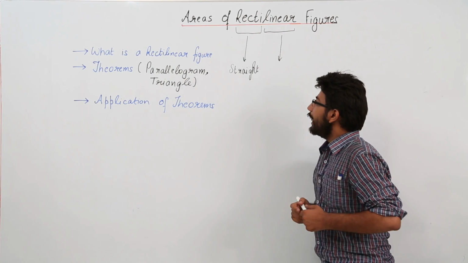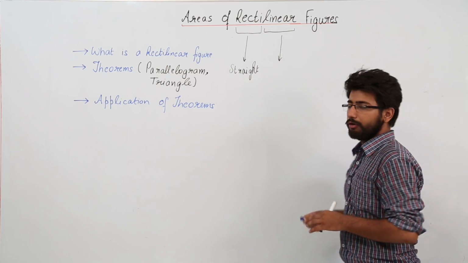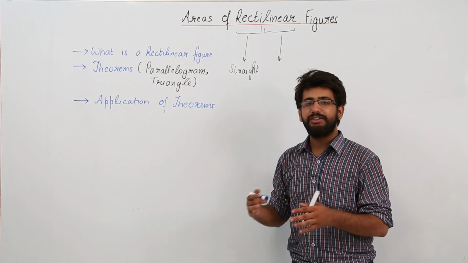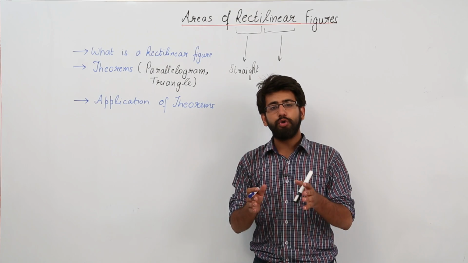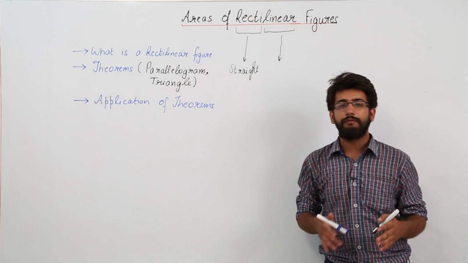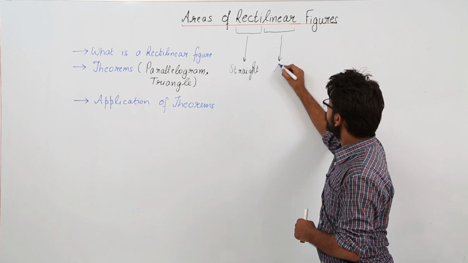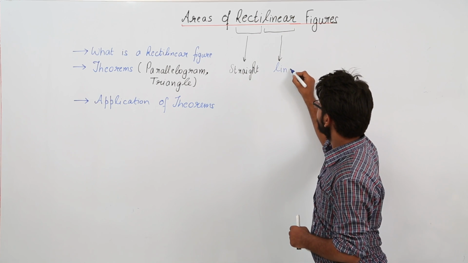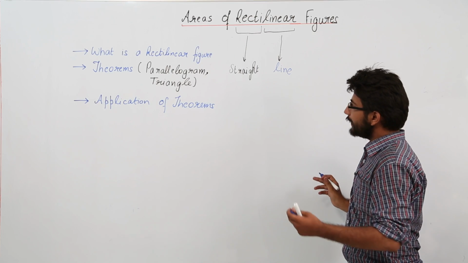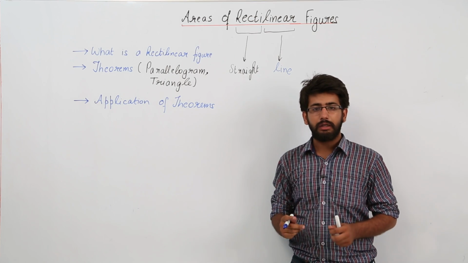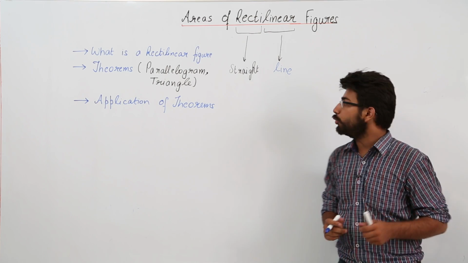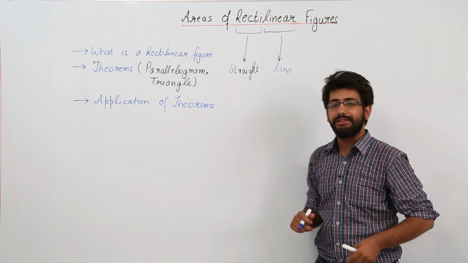And then what do we mean by linear? The word linear is derived from line, and you know that the equation of a line is a linear equation. So by linear we mean line. So that means a rectilinear figure is a figure which is composed of straight lines.